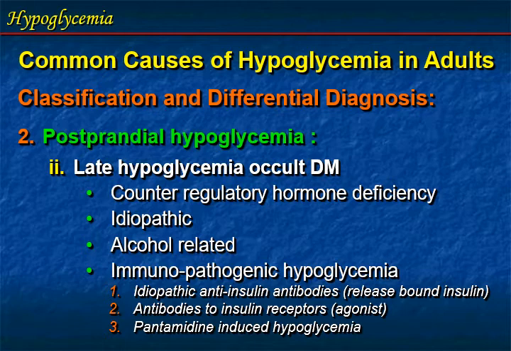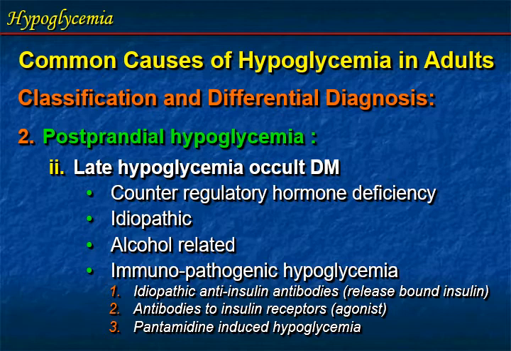So, in the first part of the immunopathogenic hypoglycemia, we have idiopathic anti-insulin antibodies. These antibodies make a complex with the insulin and release it at unexpected times, along with the insulin secreted from the pancreas, and produce hypoglycemia.